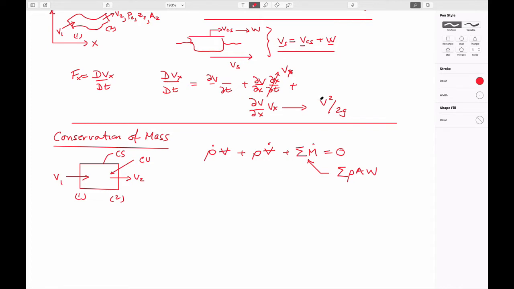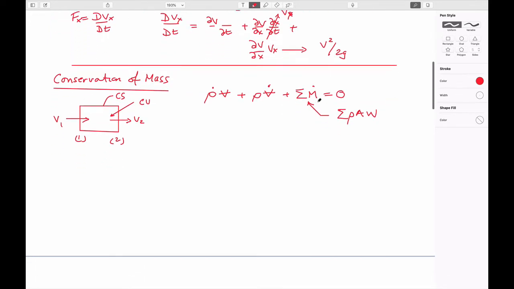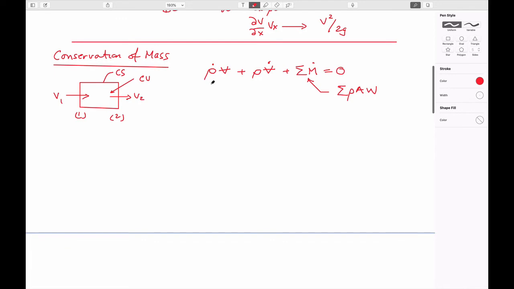This is always true. And all that we have to be careful with are the changes and their signs. So this term is the rate of change of density times volume, which is this. And for each of these, if you look at the rate of change with time, the positive is defined as a density change or a volume change which is positive, in a standard mathematical definition of that.